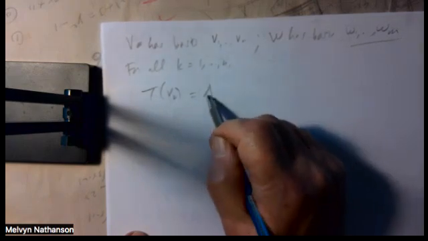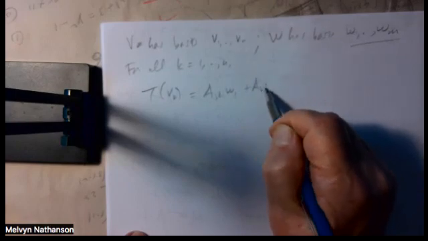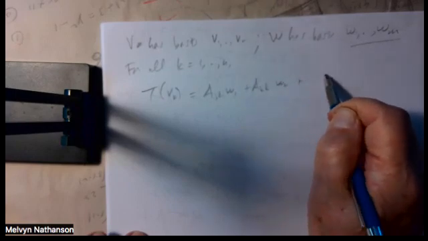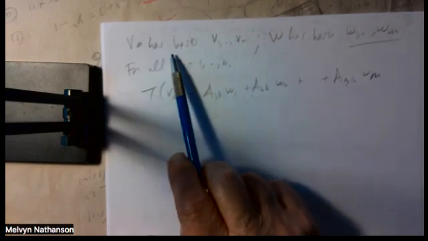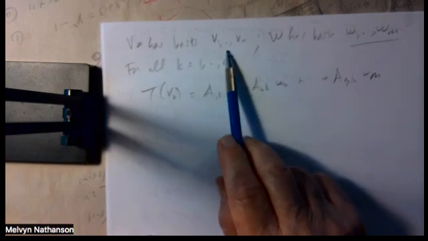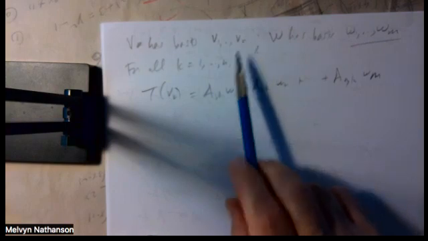I can say A1k W1 plus A2k W2 plus up to Amk Wm. Right. T is a map from V to W, so for every basis vector Vk, T of Vk is in W. That means it's a linear combination of these vectors.